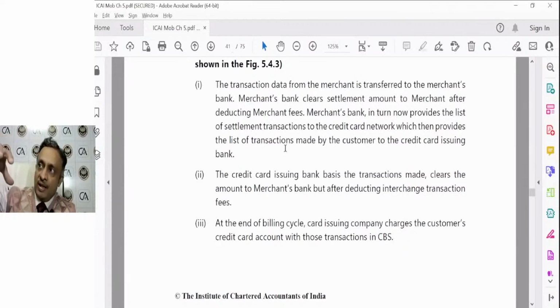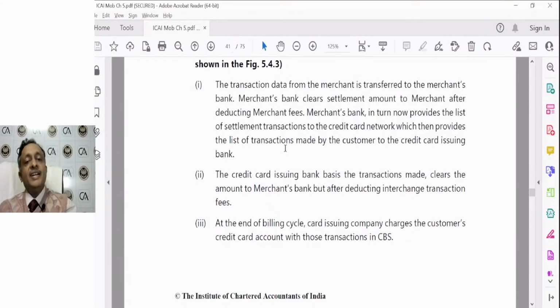So the credit card network will send details of all transactions of a specified credit card or customer to the issuer bank. That is why on your credit card you always have at least two names. One is the issuer, generally a bank, and the second is the network, like Visa, RuPay, and the credit card company. So that is the credit card network.